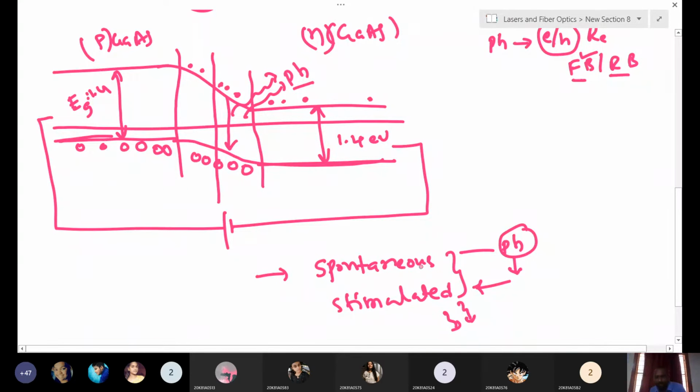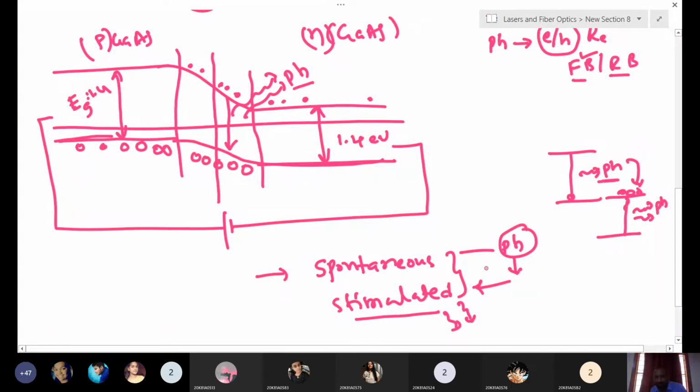And we will get two photons here. In spontaneous emission, suppose there is an excited state; the atoms immediately jump to the lower energy state and emit photons. This is spontaneous emission. After these spontaneous photons, if there are atoms here, they again trigger the remaining atoms, and now these atoms come to the ground state. This is the stimulated emission process. To start the stimulated emission process, you need some external photons.